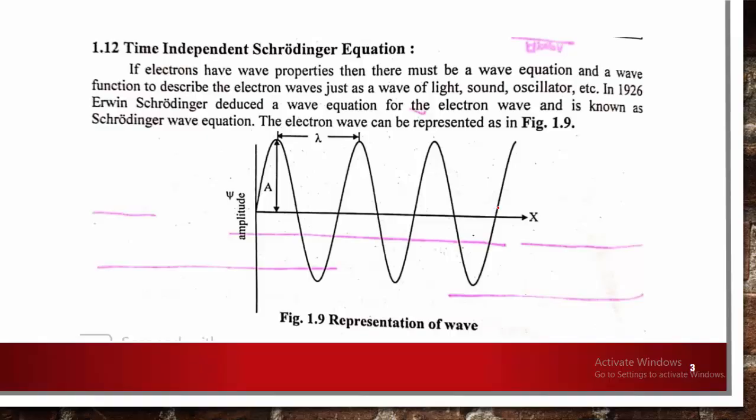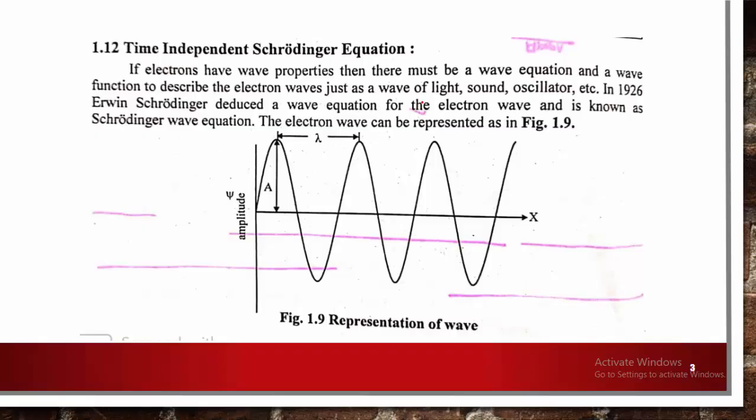The time independent Schrodinger's equation. If electrons have wave properties, then there must be a wave equation. In de Broglie's hypothesis, wave particle duality, electrons also behave as waves, so there must be a wave equation and wave function to describe electron waves, just as for a wave of light, sound, or an oscillator.